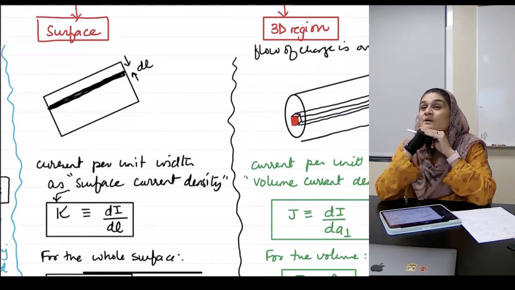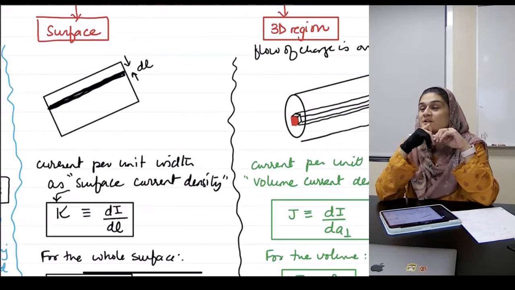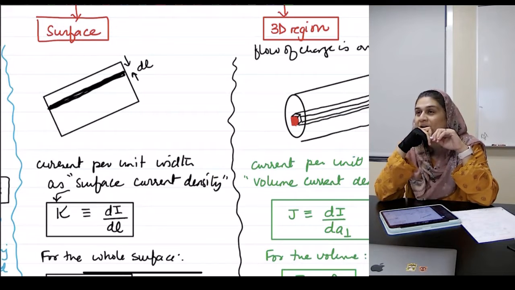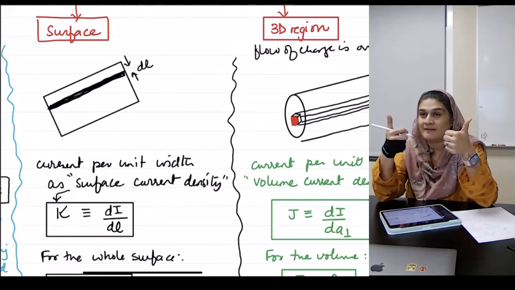When current flows over a surface, we called it current per unit width, or surface current density. Right? That's what we talked about.